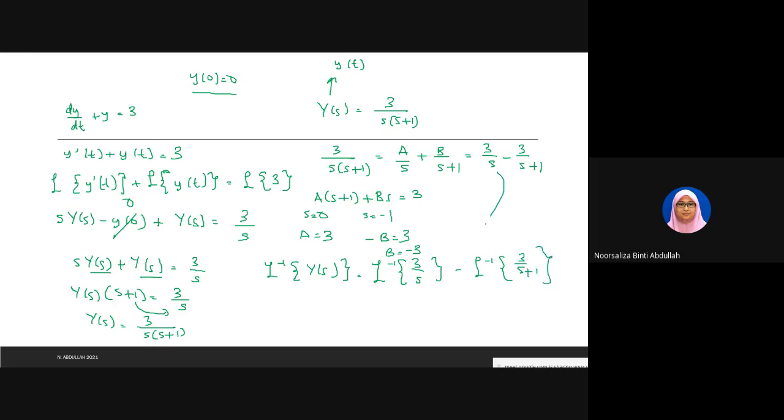So the inverse of Y(s) is y(t) equals to the inverse of 3 over s, which is 3, minus 3 taken out, the inverse of 1 over s plus 1 is actually exponent minus t.